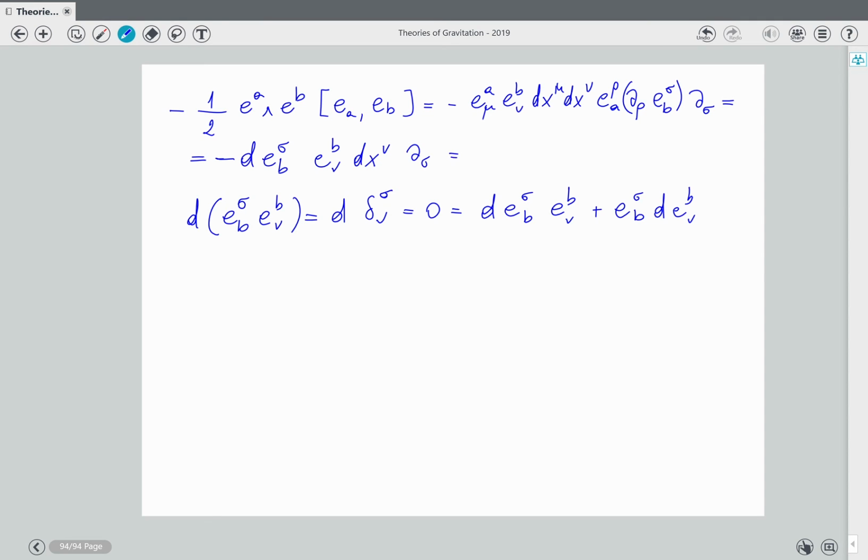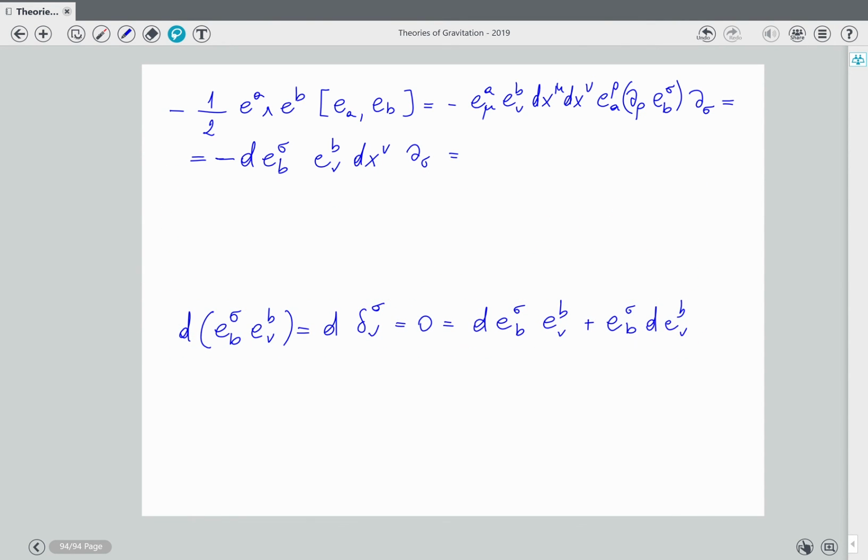So with that minus, here we get d EB nu, and we remain with E sigma b partial rho, the partial sigma, and that is the vector EB. And there is a dx nu.